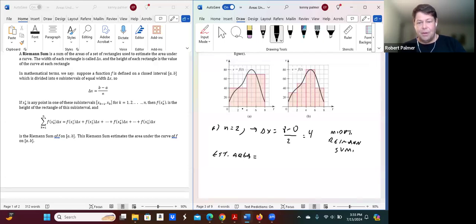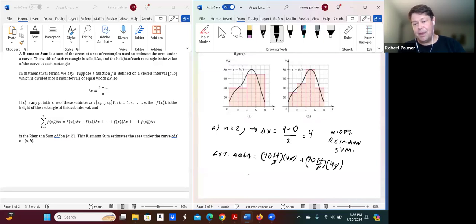Okay, so the height of our first rectangle is 40. I put the units here as well: 40 feet per second times the length, which is 4 seconds. Of course, the seconds will cancel out. And then our second rectangle, the height at the midpoint we're using looks like 70. So that's 70 feet per second times also 4 seconds, the same width.